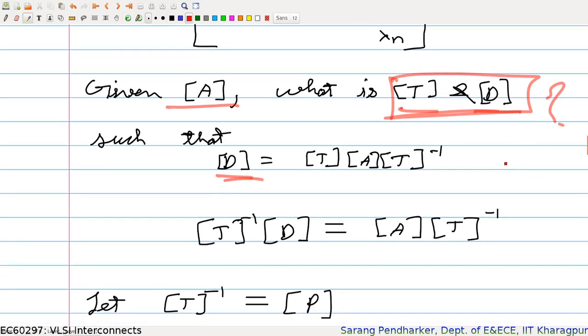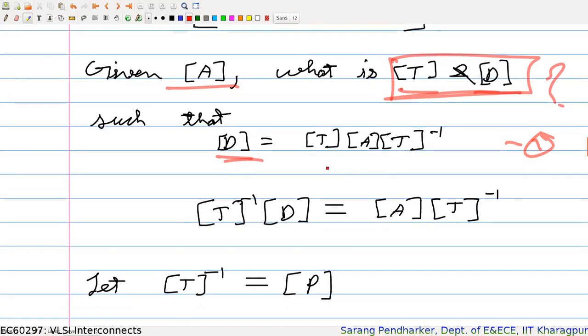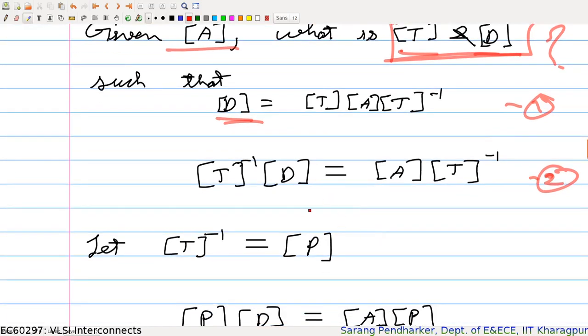So if I have this expression, I can bring this T inside. I can pre-multiply this equation by T inverse to get this equation. Now what I have is T inverse into D, T inverse operating on D, equal to A into T inverse. I don't want to keep handling T inverse again and again.